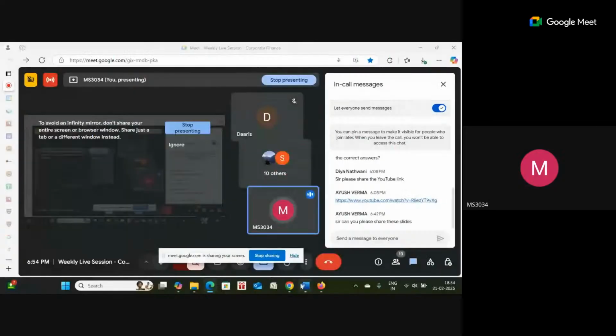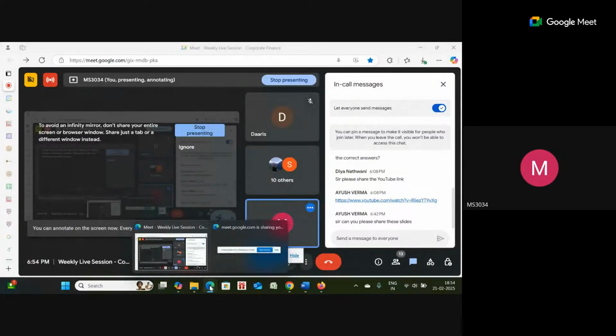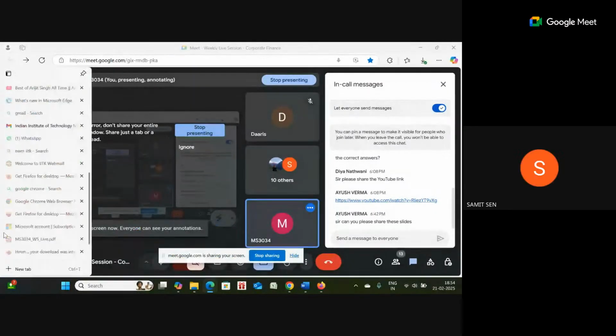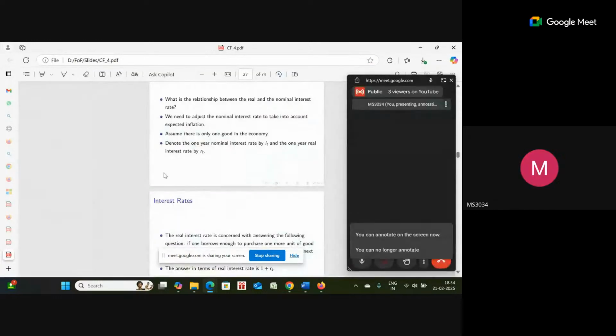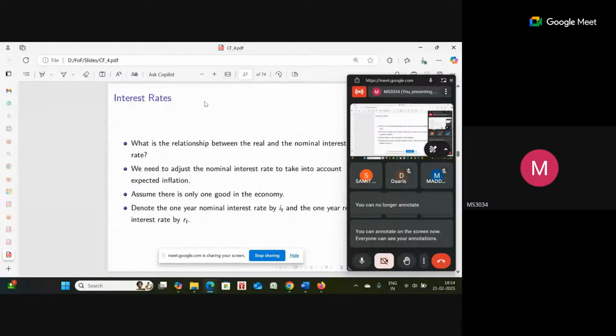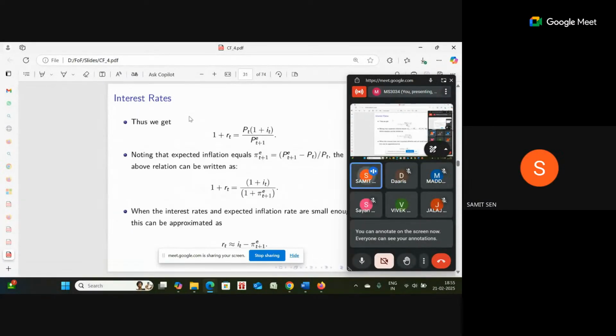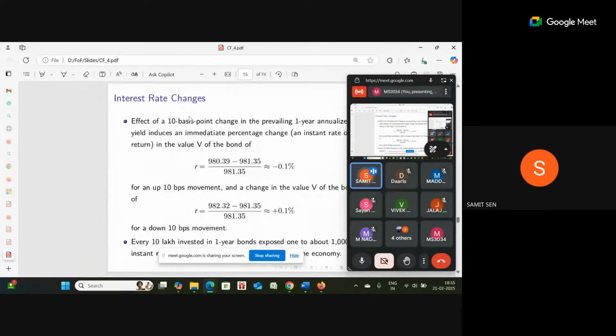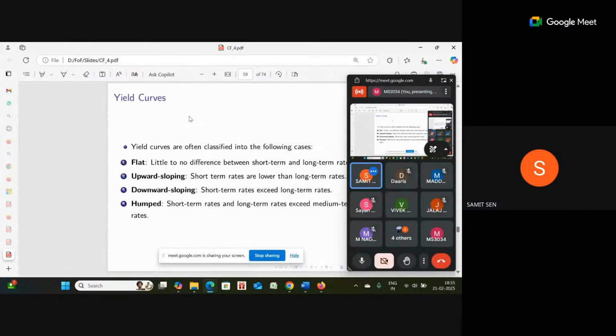Is my screen visible to you? Yes, sir. I have this open with me. You go to that, sir, the yield curve, where you have solved some problem. This one?